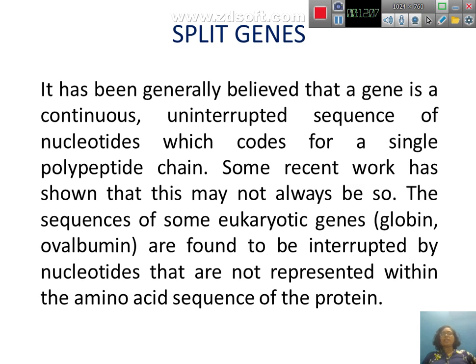Recent work shows that the eukaryotic genes like ovalbumin, present in the oviduct of the hen and responsible for synthesis of ovalbumin protein, and the beta globin gene present in mouse, that is in the hemoglobin, have interrupted sequences, or introns. Hemoglobin contains the globin protein part.